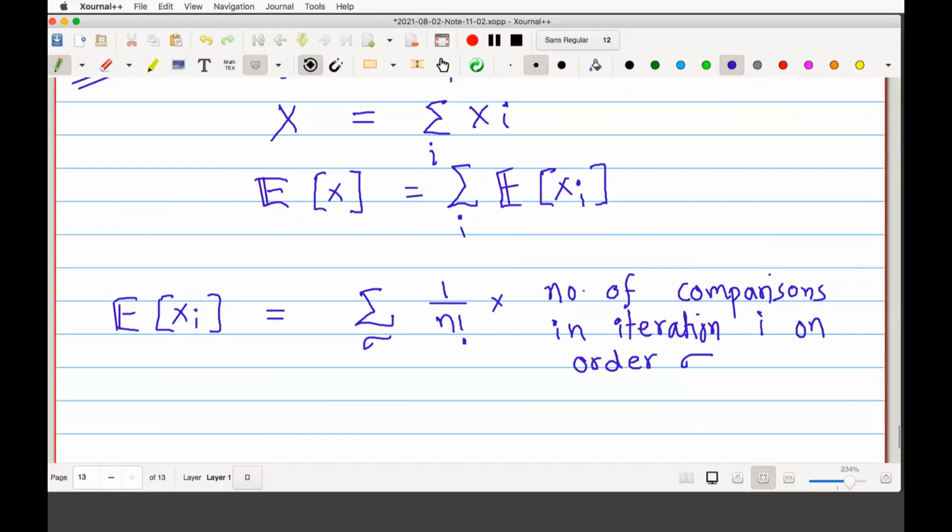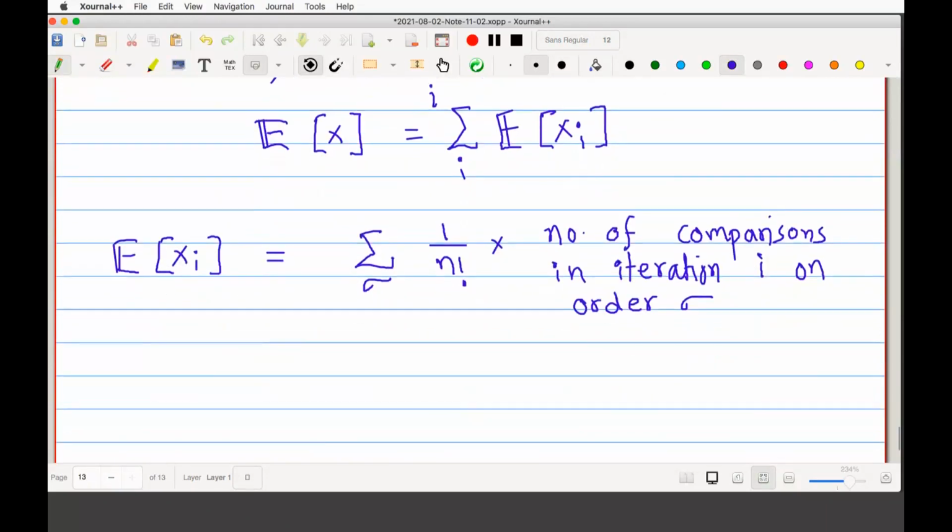So for this particular order, you see iteration I, how many comparisons are there, multiply by 1 by n factorial and sum over all orders. So that is what I mean by expectation of xi.